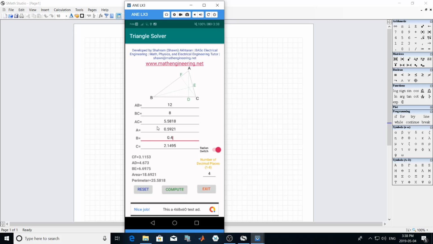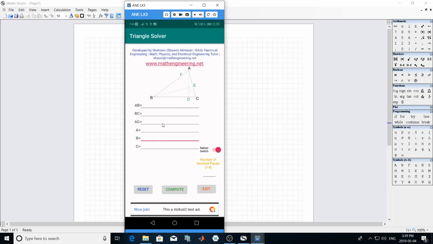It would give us the angles in radian, and the other values would be either centimeters or centimeters squared for area, everything else in centimeters, if the AB and BC and AC are in centimeters. Very important point, we need to keep the sides of the triangle in the same unit, and angles also in the same unit. Okay, so let's solve another triangle.